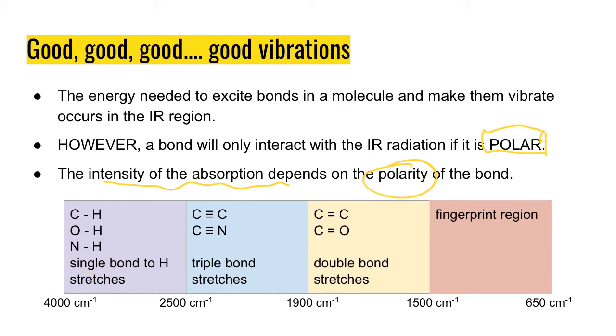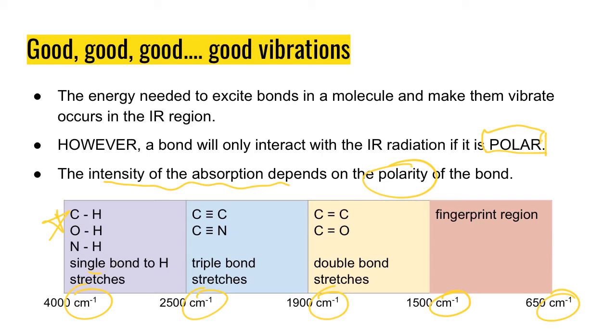This diagram here gives you a little bit of an indication of the types of wave numbers, and wave numbers are in centimeters to the minus 1, and some of the different types of bonds and stretches that you see in an infrared spectrum.